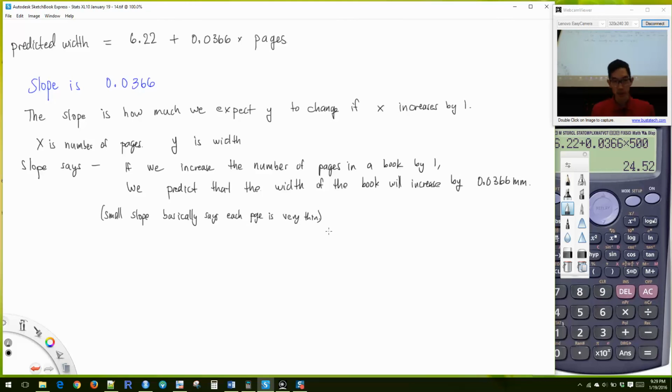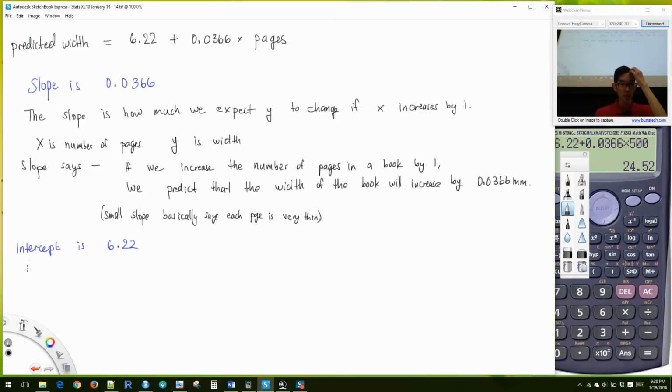Okay, and then let's talk about the intercept, okay? So write all of this down and then I'll give you some other things that we can try to interpret the slope and intercept, okay? The intercept is what? 6.22.